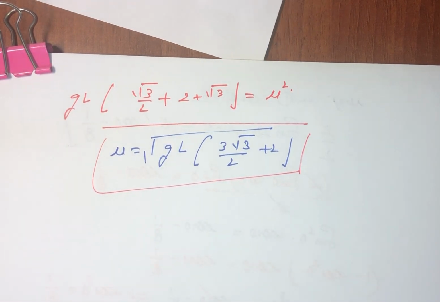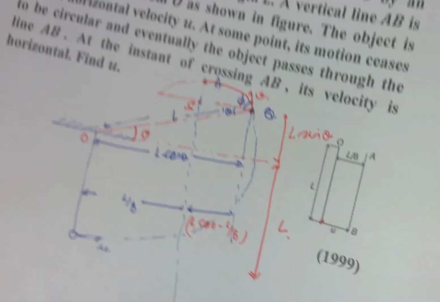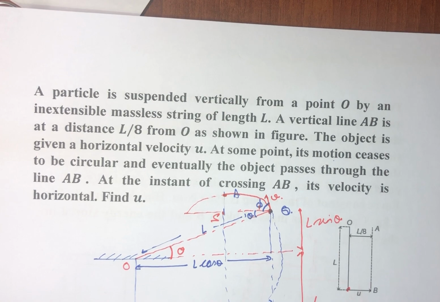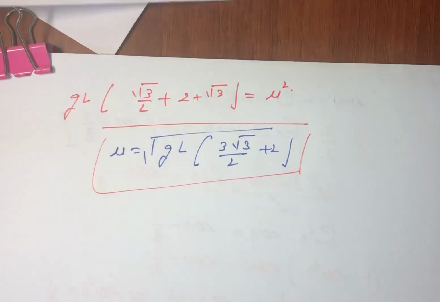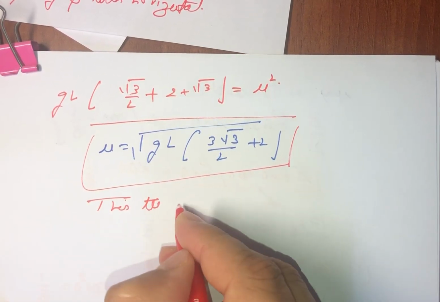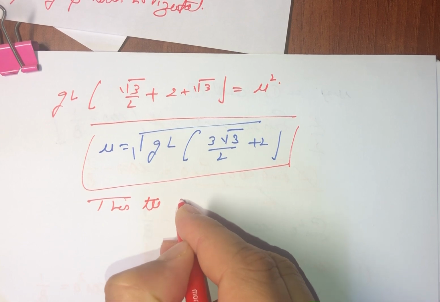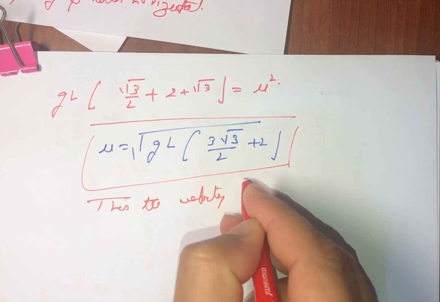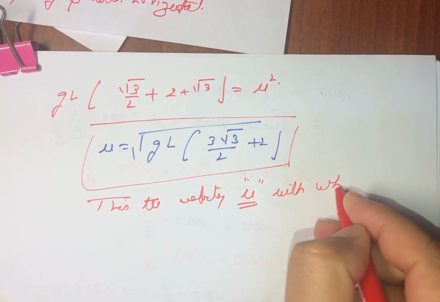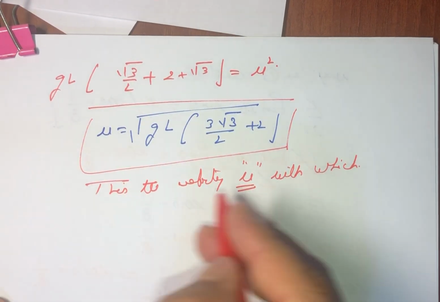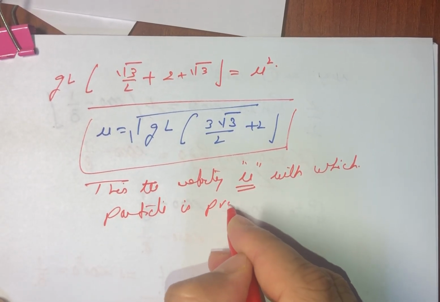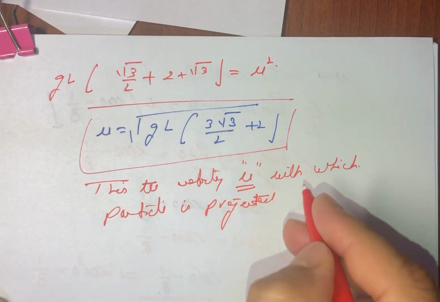So this is what we are supposed to find out. We are supposed to find out the initial velocity u with which the particle is projected horizontally.